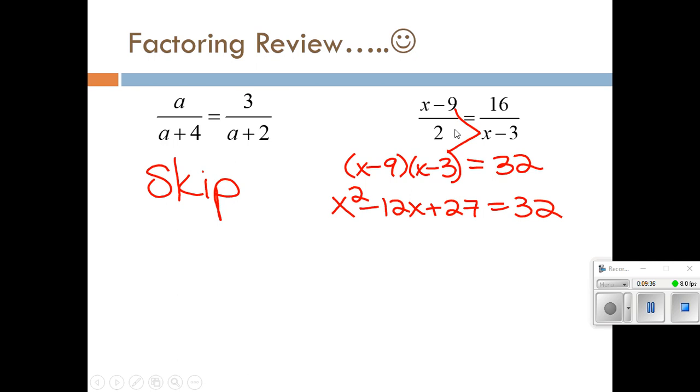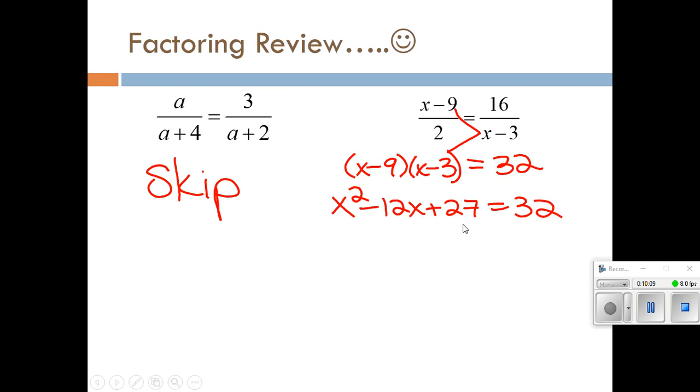We're going to skip this one, and we're going to do this one using decimals. So here you have a proportion, but we're going to use the calculator because you get something quadratic like this. You're going to multiply x minus 9 times x minus 3. x times x is x squared, x times negative 3 is negative 3x, negative 9 times x is negative 9x, that's negative 12x.